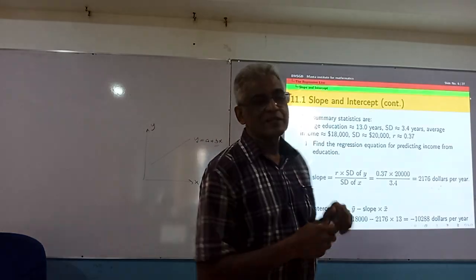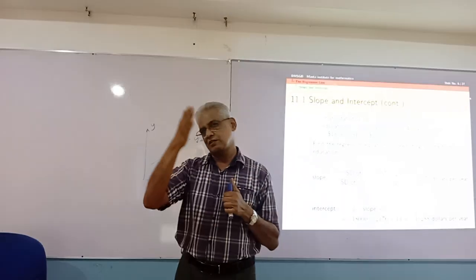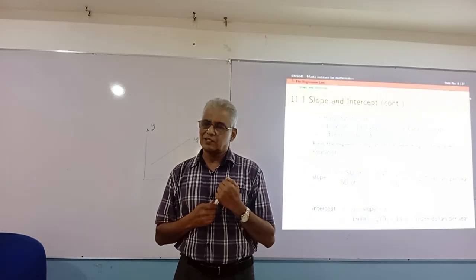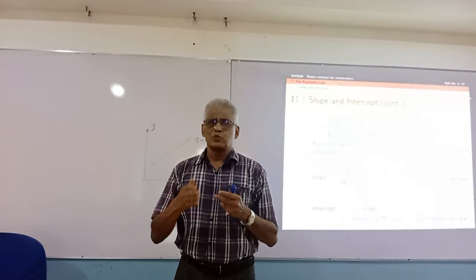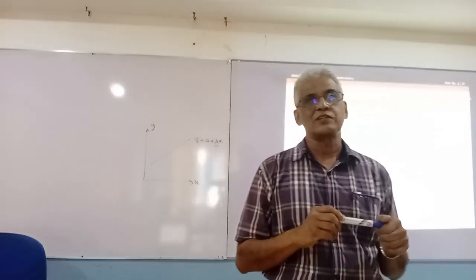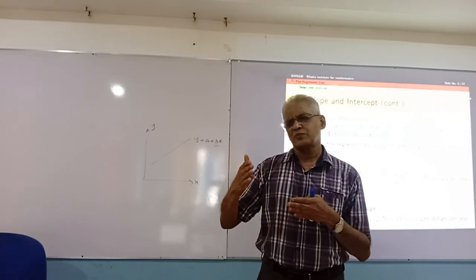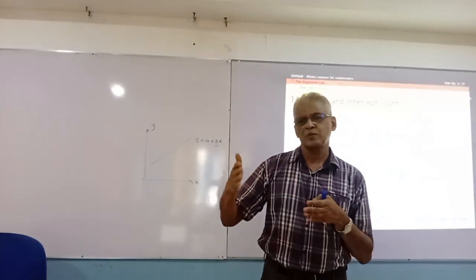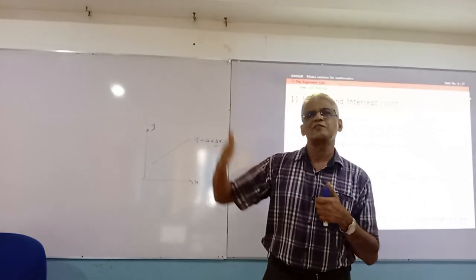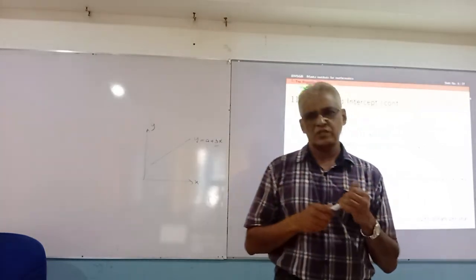For example, here the x variable is education level, y is the income. Suppose you consider a person whose education level is say 5 years or 6 years, and for that person talking about what will happen if you increase his level by 1 year is not meaningful.